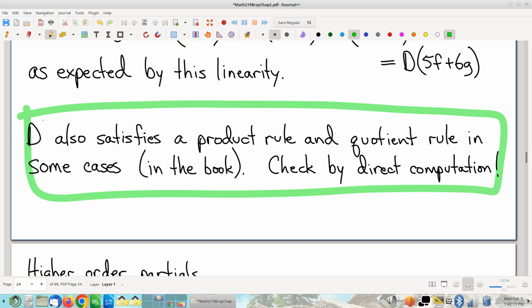And that is that the act of differentiation also has a product rule and a quotient rule of sorts, depending on the case. So the details, it's all in the book. Make sure to look at that carefully and make sure you understand in what cases and in what ways you can apply product rules and quotient rules.